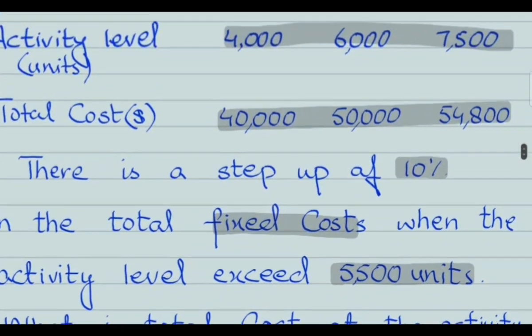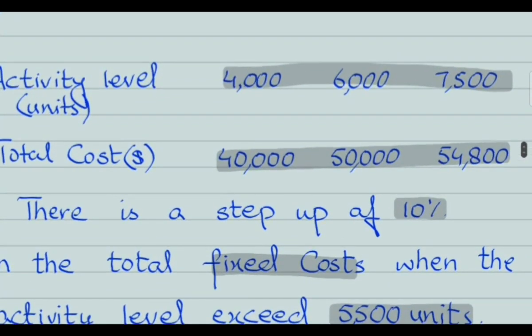So first we need to consider which two activity levels we have to take in order to calculate the variable cost and the total fixed cost at different activity levels. So the point of change is here at 5,500 units. At 5,500 units, there is a step up of 10% in the fixed cost.